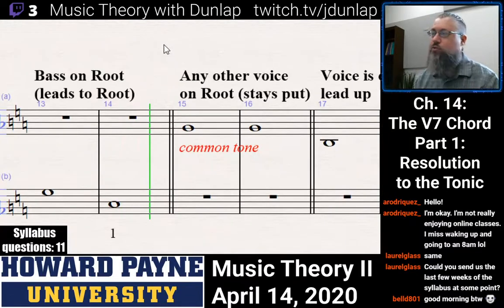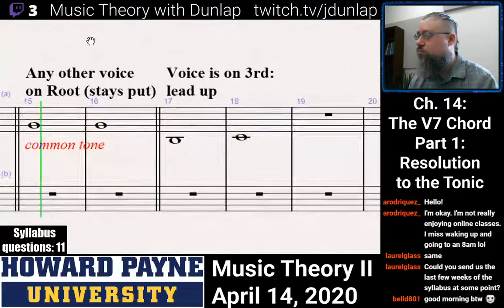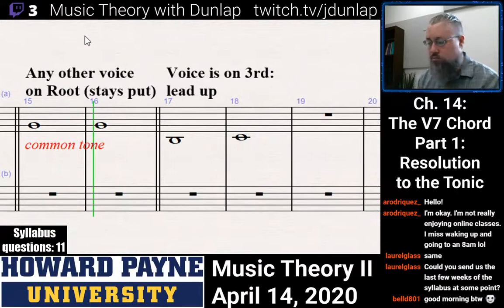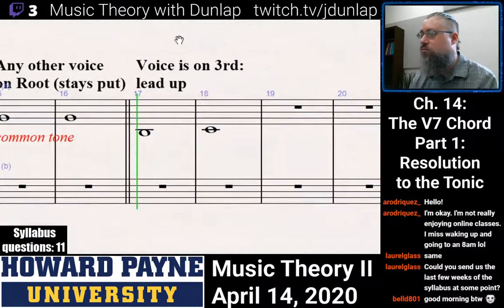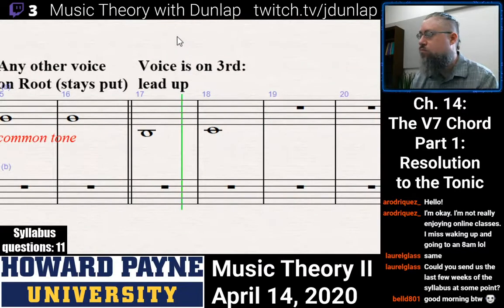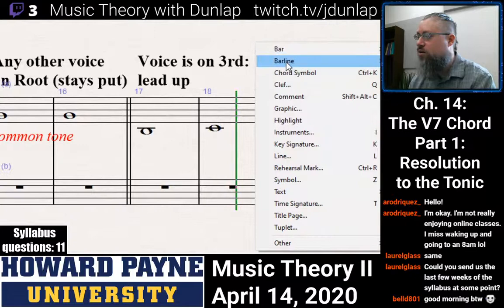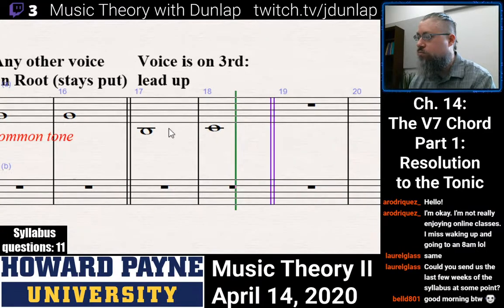So that's root to root. That stays put because it's a common tone. That right there is leading tone resolution.